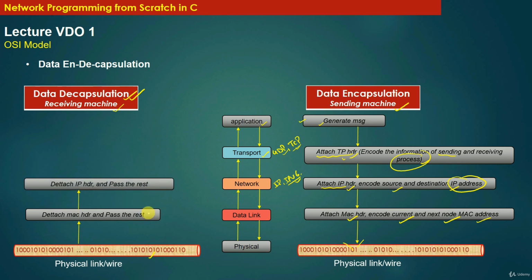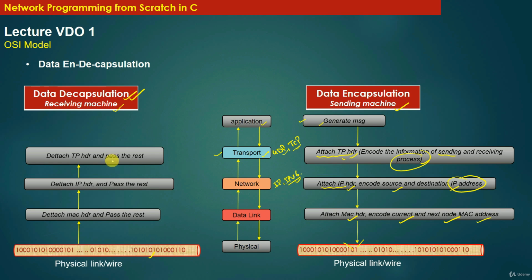The layer above it, that is the network layer, receives the data and examines its own header, which is the IP header. We are assuming that the network layer protocol running is the IP protocol. So the network layer detaches its own IP header, examines it, and passes the rest of the message to the layer above it in the TCP/IP stack. That is, it passes the rest of the message to the transport layer.